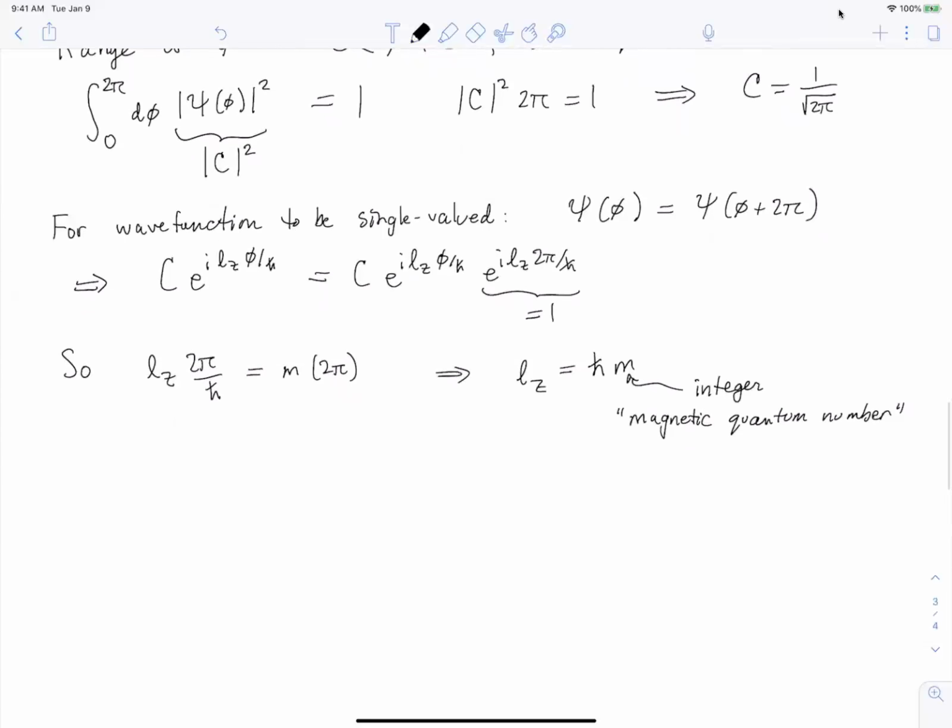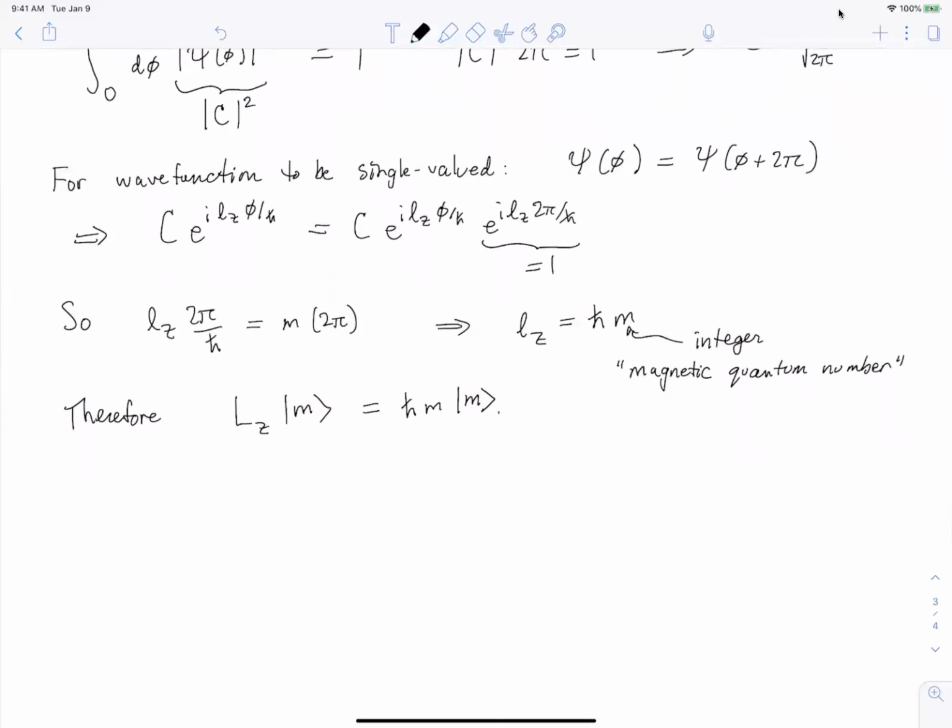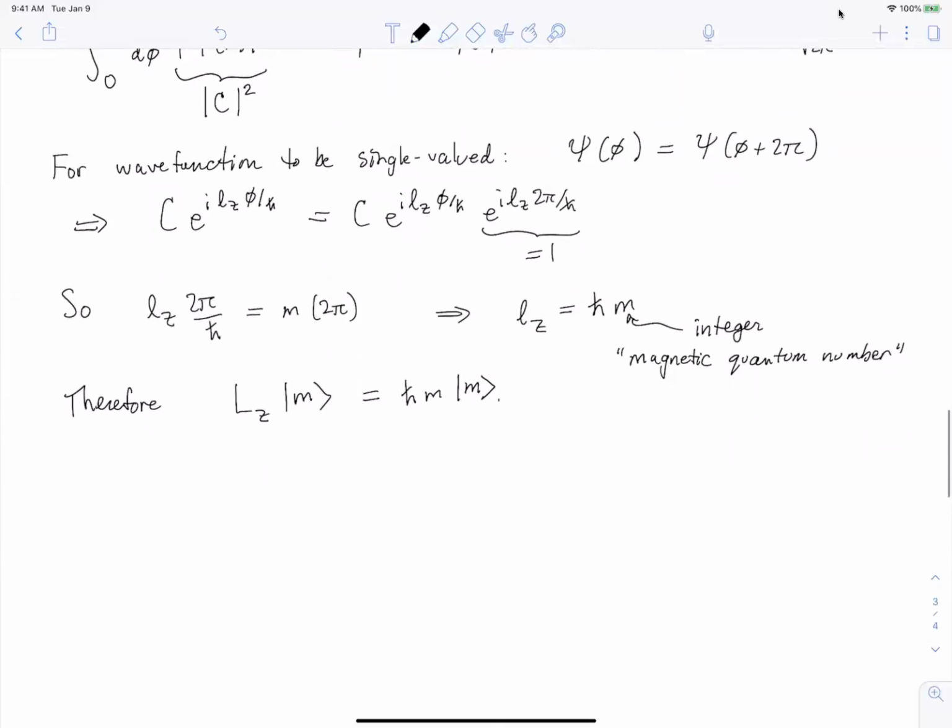Okay, so what we've learned is that we can rewrite our eigenvalue equation as L sub z acting on a state which we're now going to call m, that's just a label telling us which state it is, equal to h bar times m, an integer, times the same state, m. Okay, we're just rewriting, instead of labeling by L sub z, we've decided to label by m.